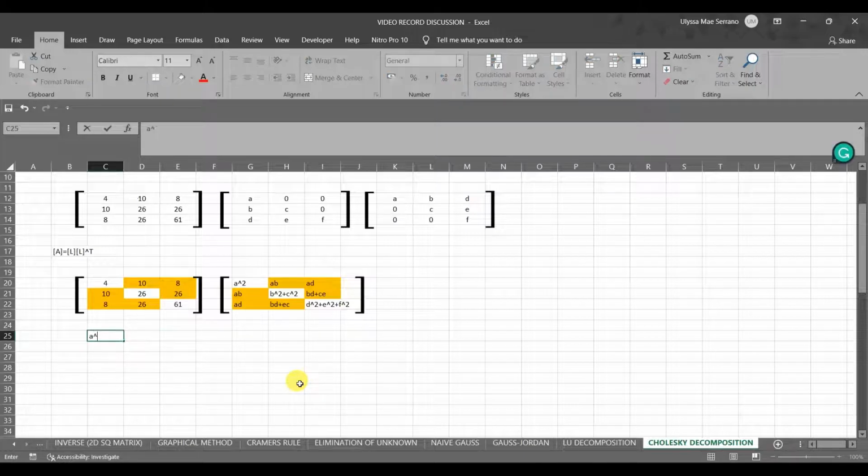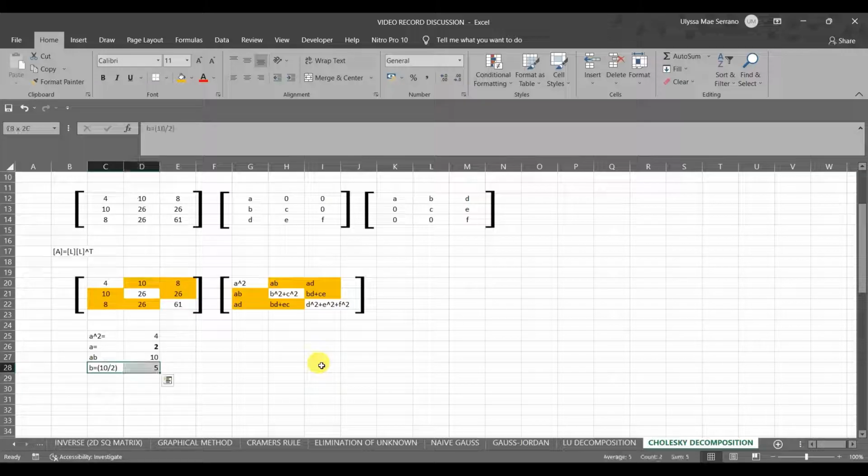So, continuation of the solution process. We have here A squared. The value of A squared is equal to 4, and A is equal to the square root of 4. So we already have the value of A, which is 2. For AB, AB is equated with a value of 10. And the value of B is simply equal to 10 divided by the value of A, so the value of B is 5.